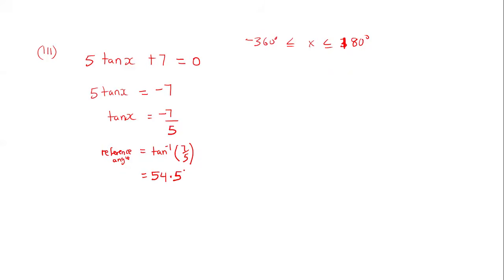So which quadrants do we go into? Teacher, when we are putting in the quadrants, do we put where it's negative? Yes, where tan is negative. So meaning it's the second and the last.